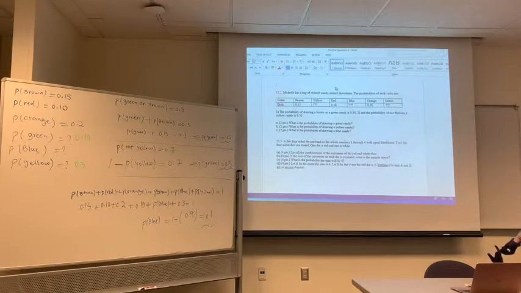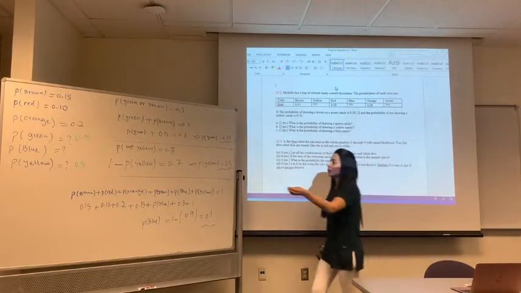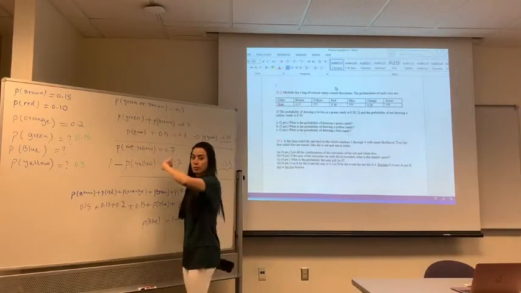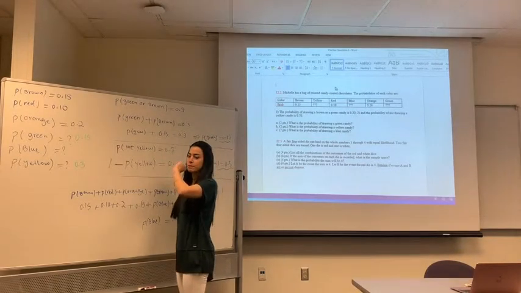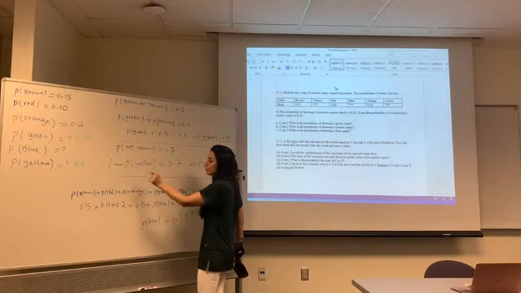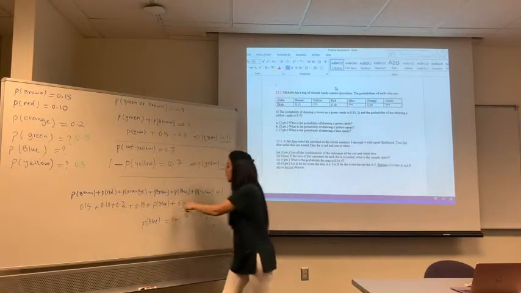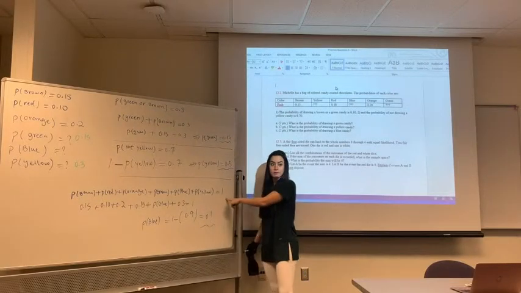So we used almost all the probability rules. We used the probability of A or B equals the probability of A plus the probability of B. We used the probability of not observing any event is equal to 1 minus the probability of observing that event. We used the probability of the sample space, which is equal to 1.